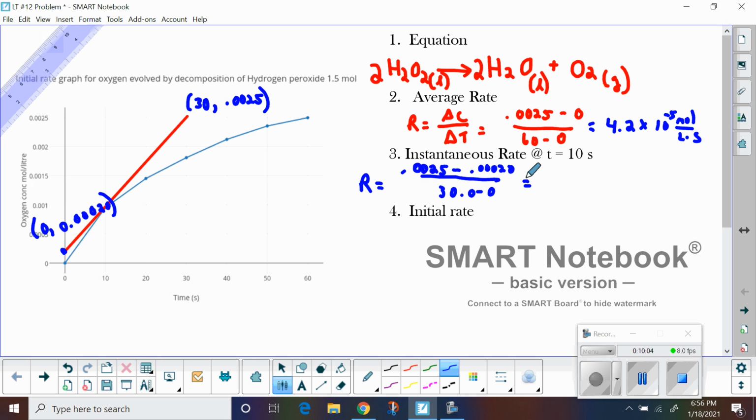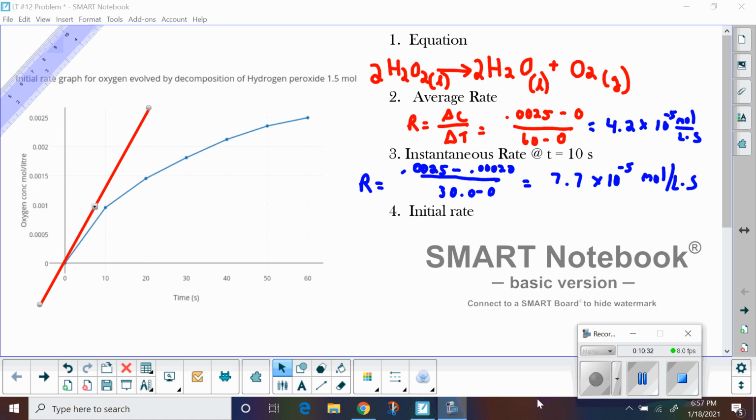Throwing that into my calculator: 0.0025 minus 0.0002 divided by 30. Again, really, really small number, and you're going to find a lot of these here. I'm going to have 7.7 times 10 to the negative fifth moles per liter seconds. Okay, so there's your instantaneous rate.